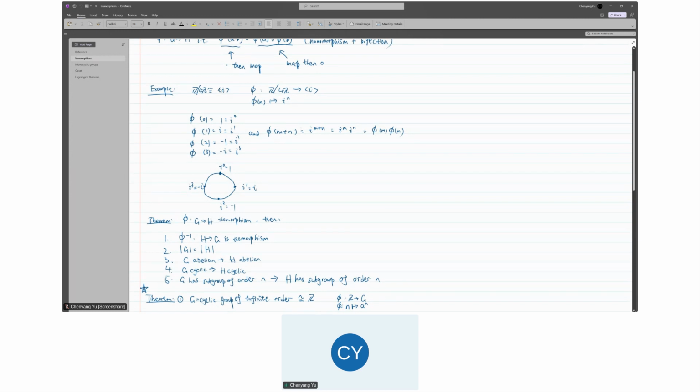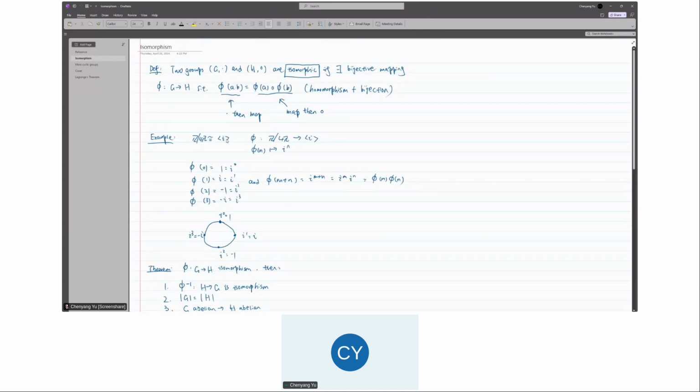The example I picked is Z mod 4Z is isomorphic to the cyclic group generated by i. This i is just that famous i in complex numbers, okay, so i squared equals -1. We set phi as a function from Z mod 4Z to that cyclic group generated by i.